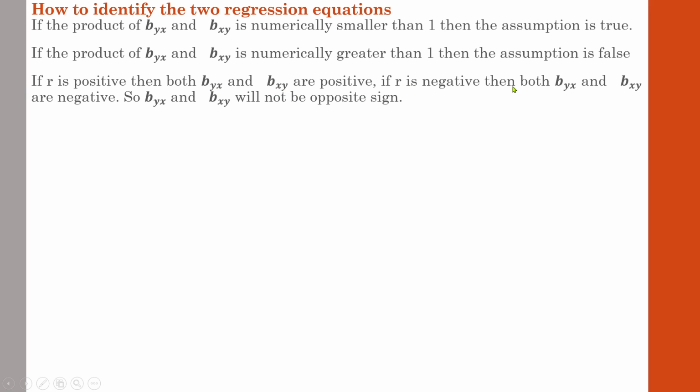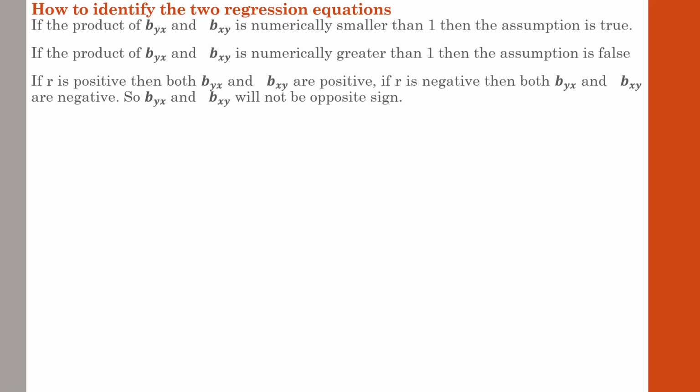If r is negative, then both byx and bxy are negative. So remember, byx and bxy will not have opposite signs. Opposite sign means one is negative and the other is positive. It will never come like that. It may be either both of them positive or both of them negative. Remember, it's a rule.